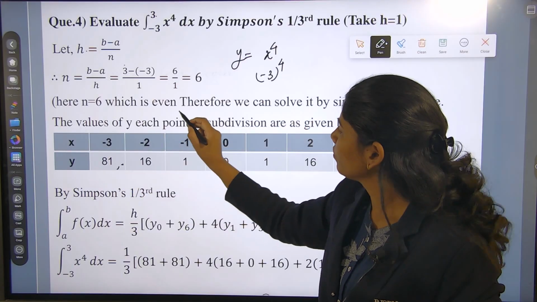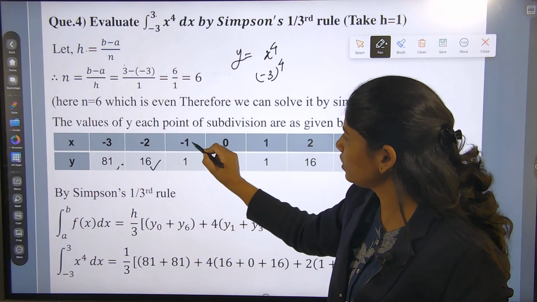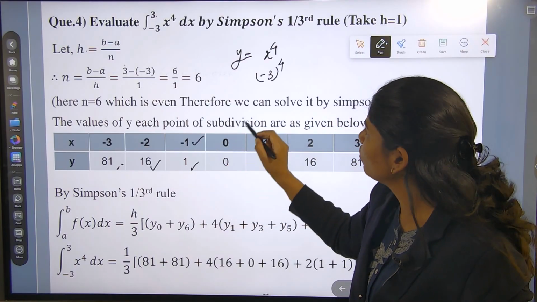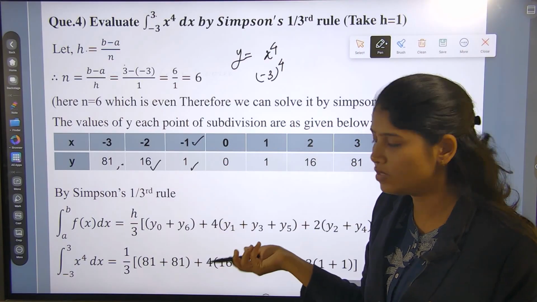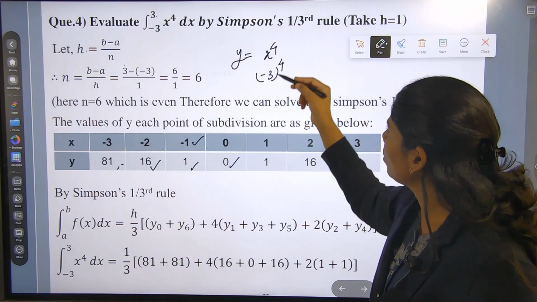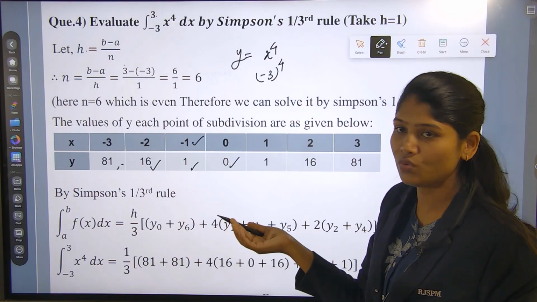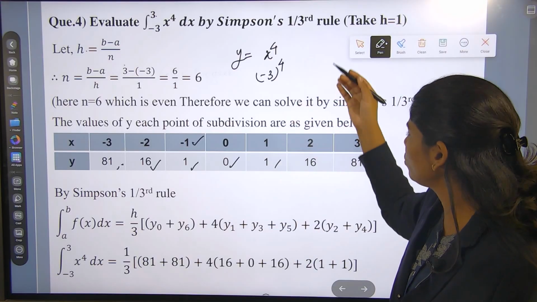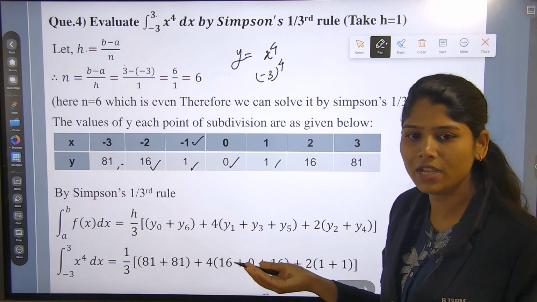Right here, put -2, we get 16. For -1 we get 1. For 0, 0⁴ is 0, so put here 0. For 1, 1⁴ is 1, so right here 2⁴ is 16 and 3⁴ is 81.